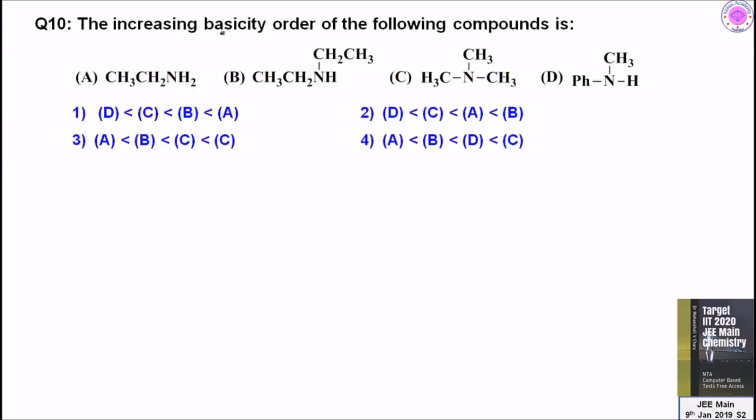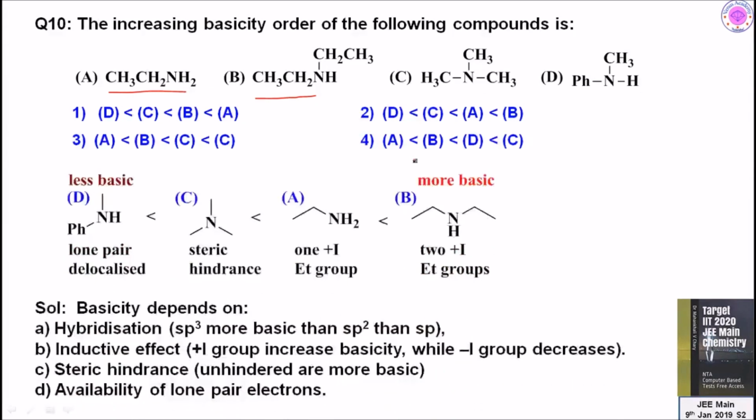Next, the increasing basicity order of the following compounds. Dear friends, we know that basicity depends on several factors. Among them, important factors are 4. Let us see. They have given options: ethylamine, diethylamine, right? So this is trimethylamine and phenylmethylamine. Among these 4, we know that basicity depends on 4 factors.